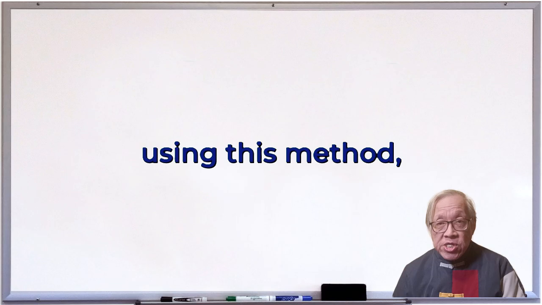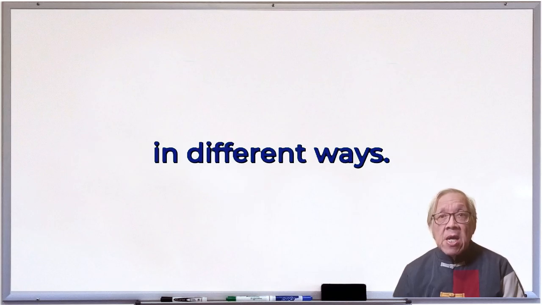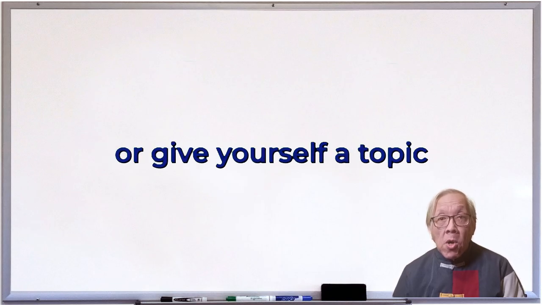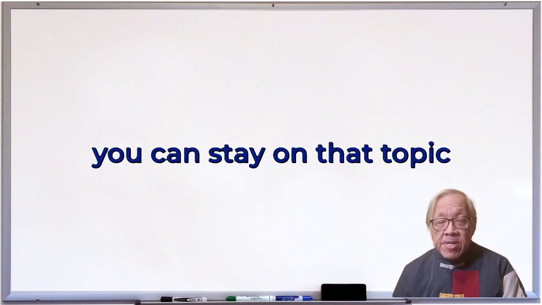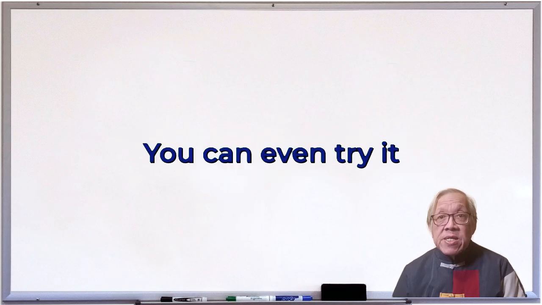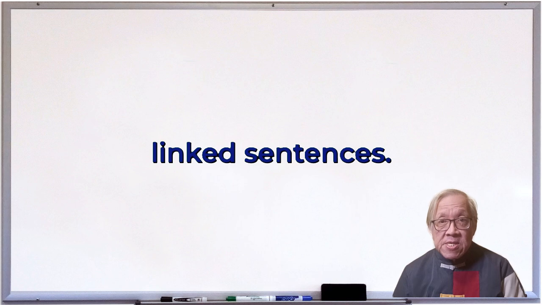As you get better at using this method, you can challenge yourself in different ways. Try using longer, more complex sentences, or give yourself a topic and see how long you can stay on that topic using the Wordlink method. You can even try it with a friend, taking turns to create linked sentences.